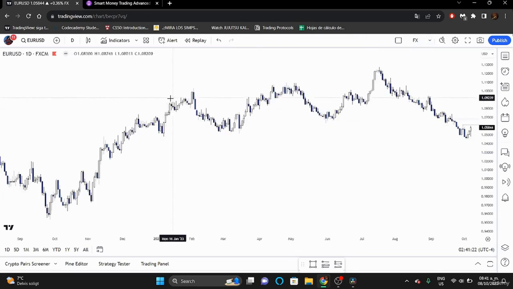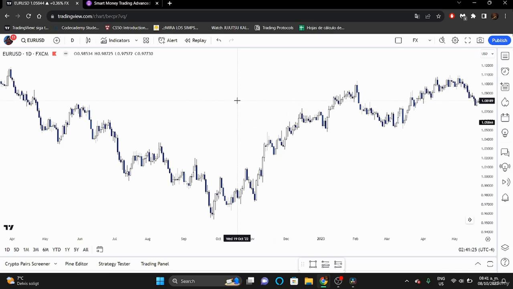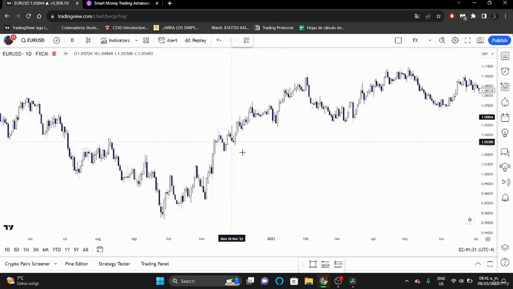And on the bullish side, the mitigation block will be all the up candles before they ran lower. For example, here we do not touch anything, but here, where's our mitigation block? Right here.